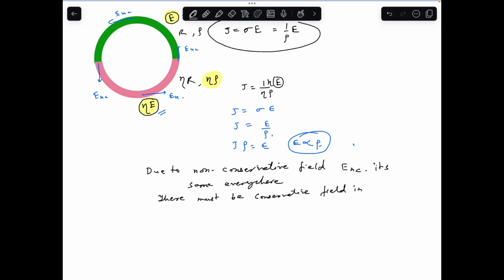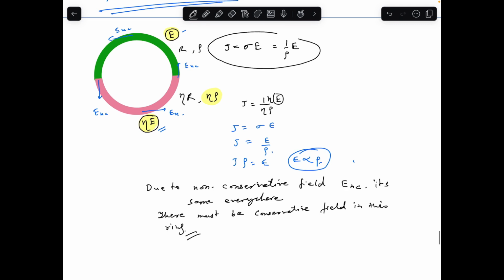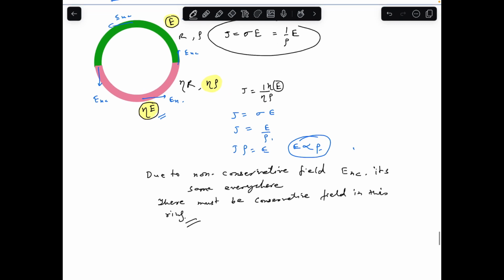Conservative field in this ring. Okay. So I have found that there must be a conservative field. Now what can be the direction of the conservative field? Is it possible that the direction of the conservative field is the same throughout the ring?